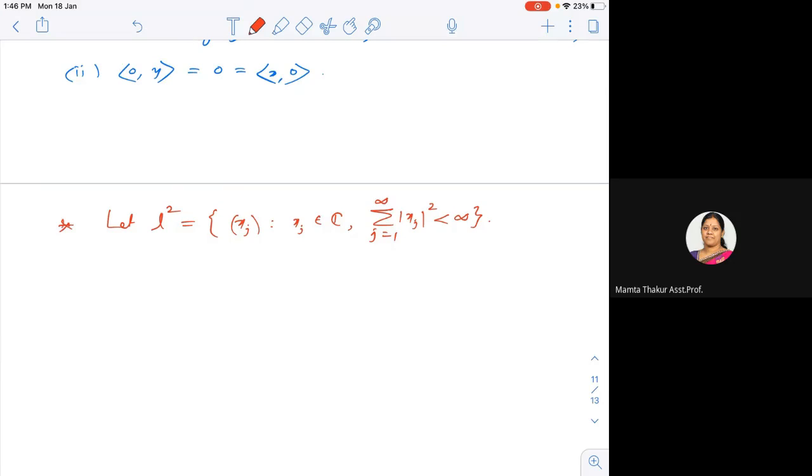Then you can see that L square over C is, in fact, an inner product space, you can check, with the inner product.